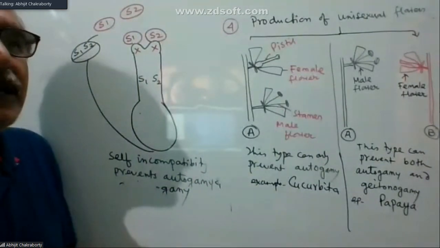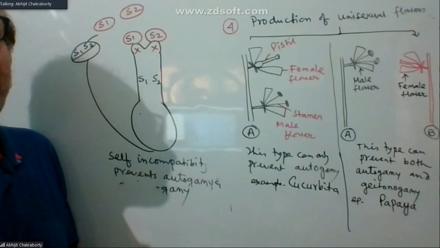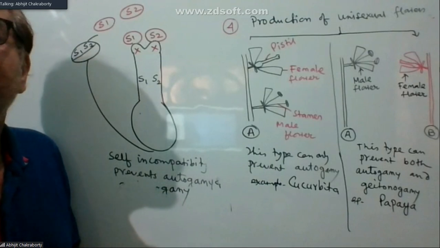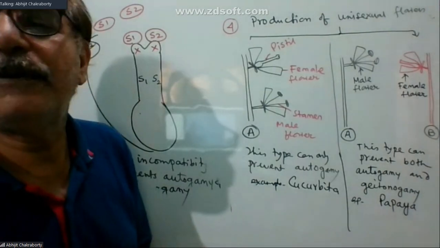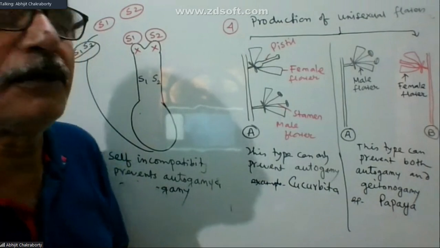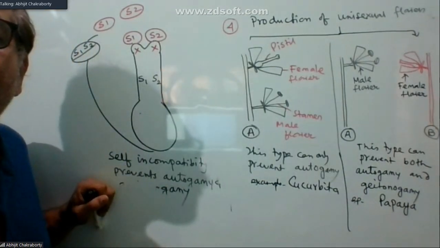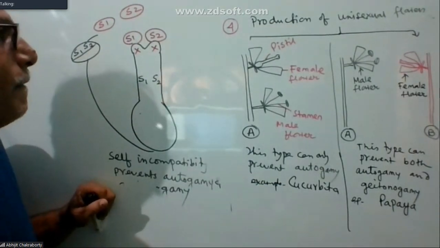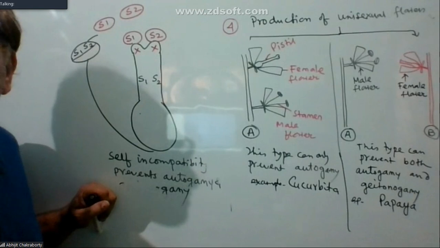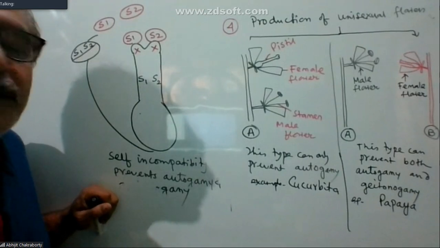Dioecious condition means when male flowers and female flowers are developed in 2 different plants. Clear? Is it okay?